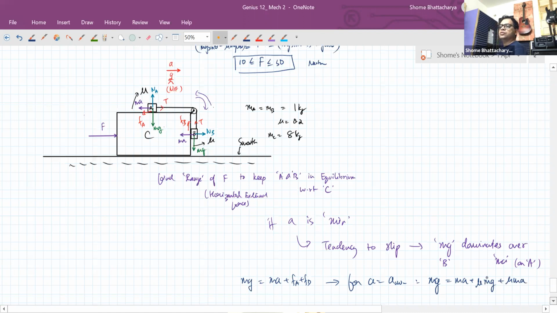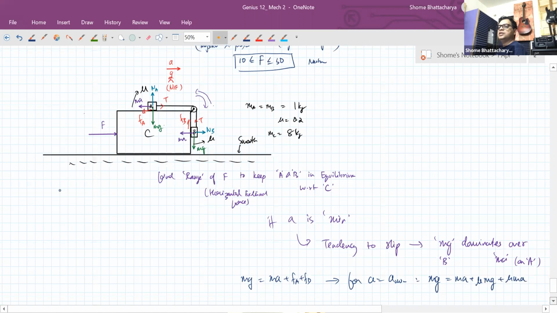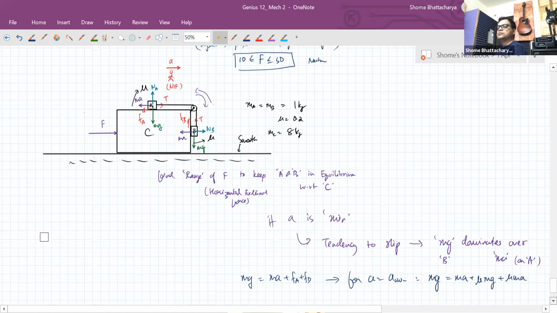Okay. Now correspondingly we can see if the opposite were true, for a being large, ma on the block A dominates over mg on the block B. So the direction of friction gets reversed.